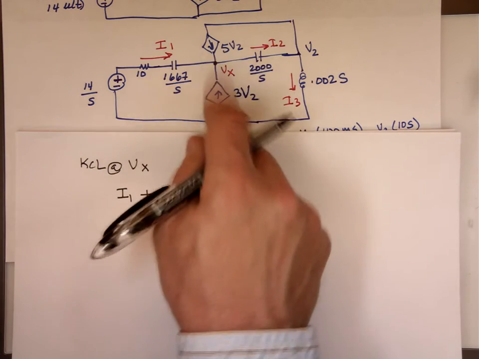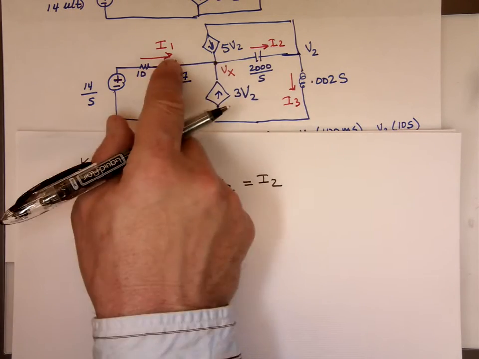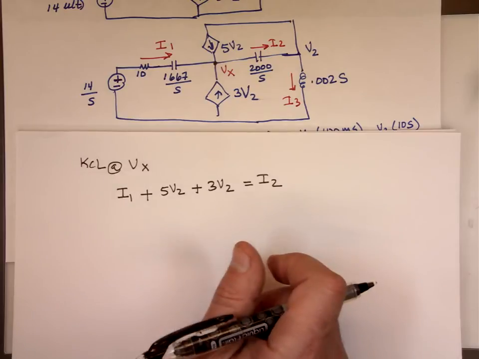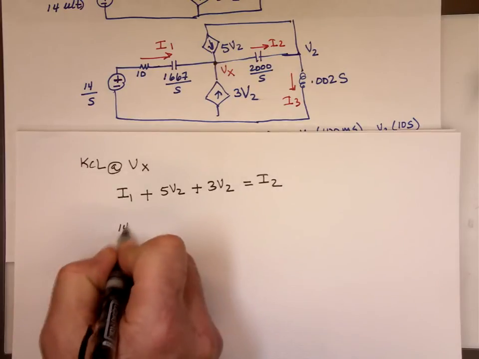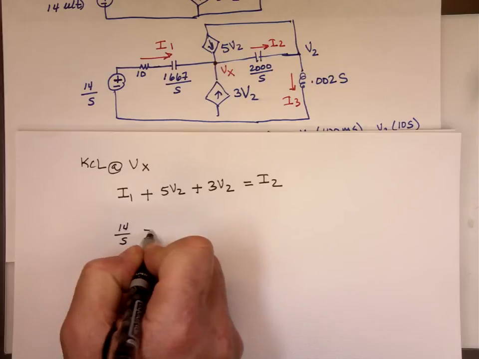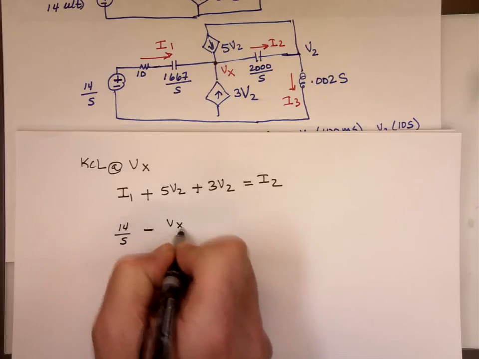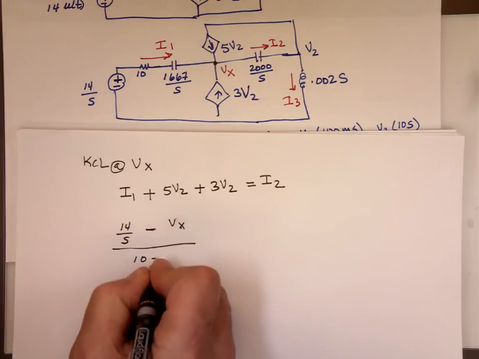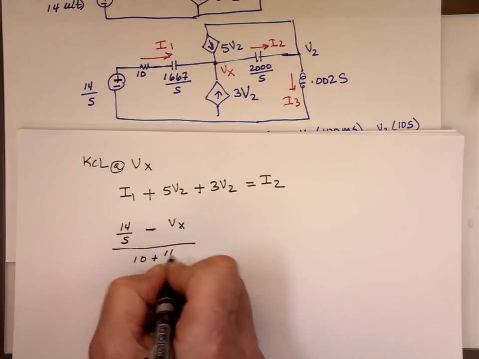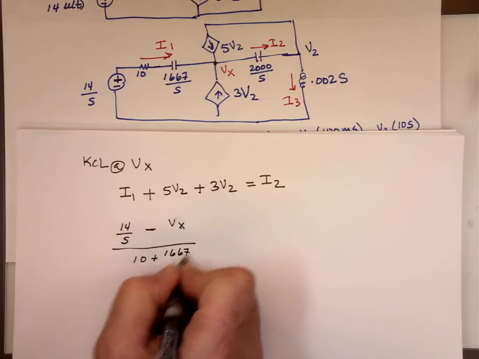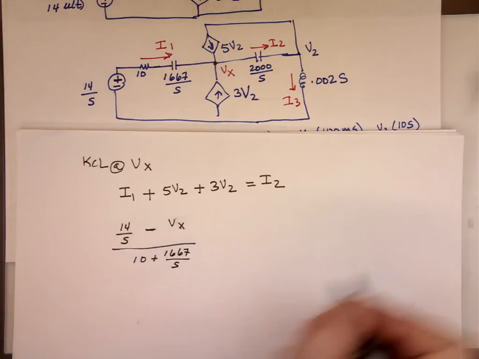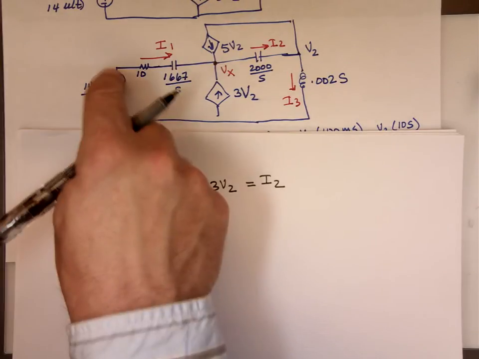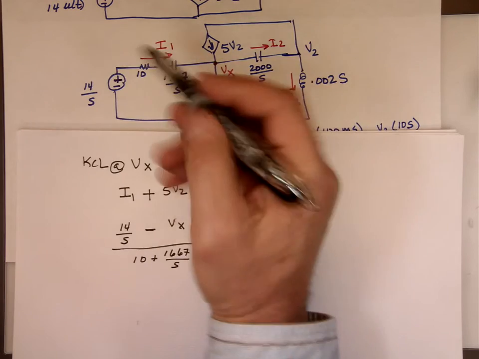This current going in, that's leaving. I sub 1 is 14 over S minus Vx over the sum of these two, 10 plus 1,667 over S. It's this voltage on this end minus that voltage over the sum of these.